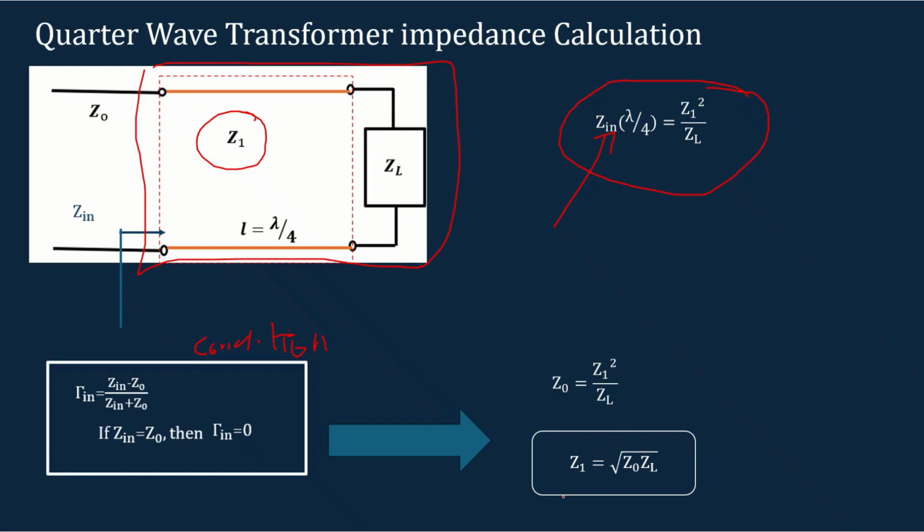That means that if a quarter wave transformer is to work as an impedance matching network, it should have an impedance equal to the geometric mean of the load impedance ZL and the source impedance Z0. If that happens, this quarter wave transformer can provide the impedance matching, it will not cause any reflection, and it will support maximum power transfer.